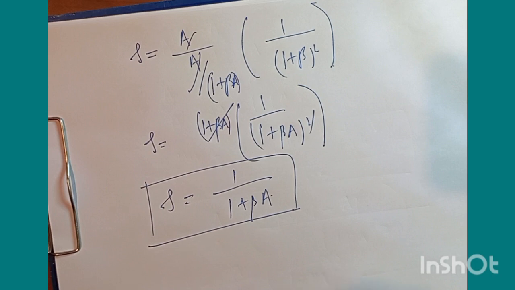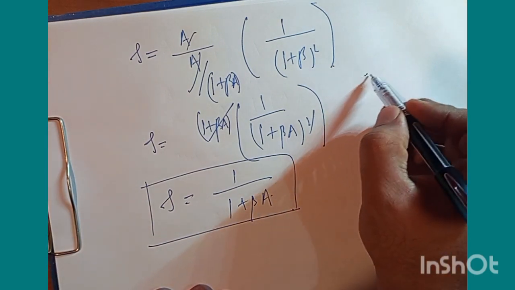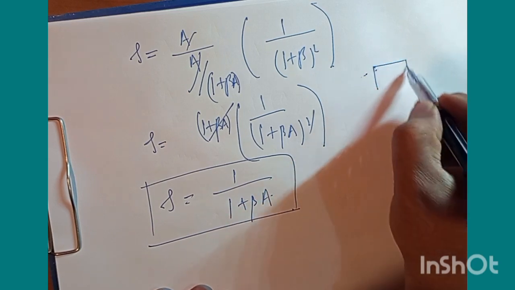If you rightly remember, negative feedback is where a part of the output of an amplifier is given back to the input of the amplifier in such a way that the output of the feedback circuit opposes the input. If I go back to that situation, it was like this.